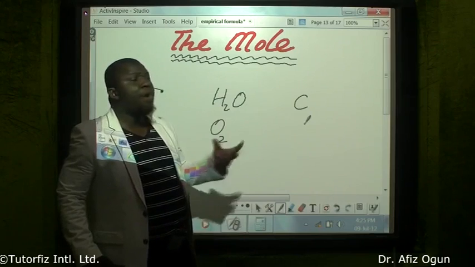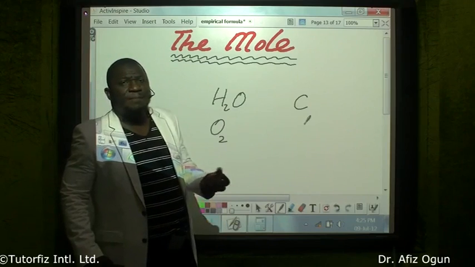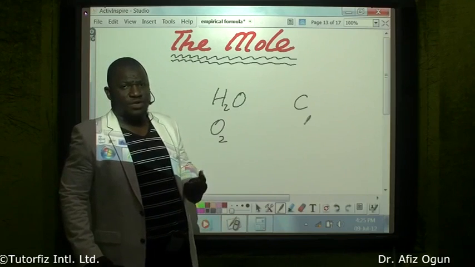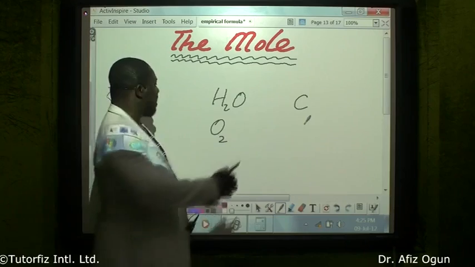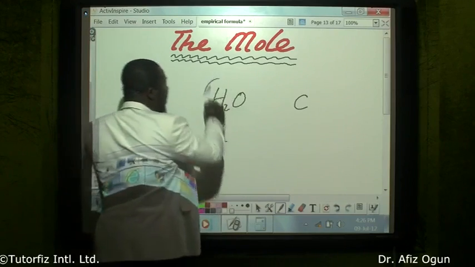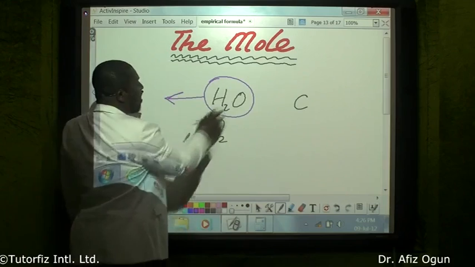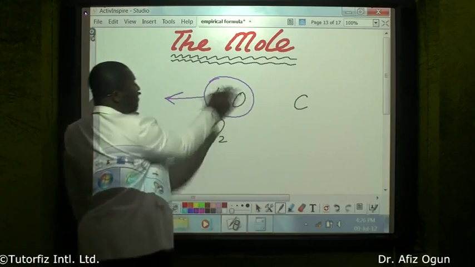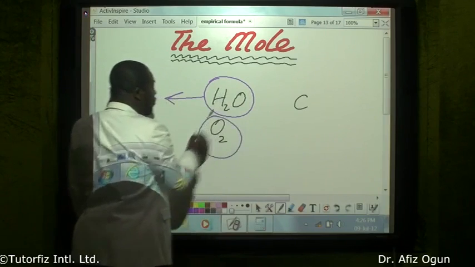So a mole is a particular quantity of this unit. For example, a mole of water will contain the same amount of H2O molecules, this is the particle of water, as a mole of oxygen will contain.